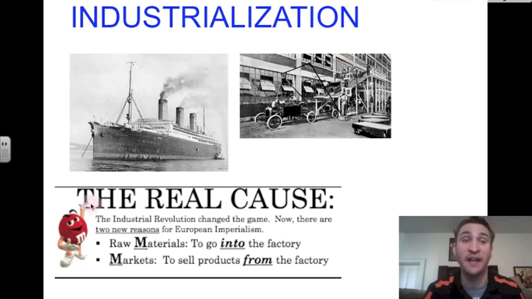As I was saying, the real cause, the Industrial Revolution, changed the game. Now, there are two new reasons for European imperialism, and they can be summed up by the M and M's: raw materials that go into the factory, and markets to sell products from the factory.